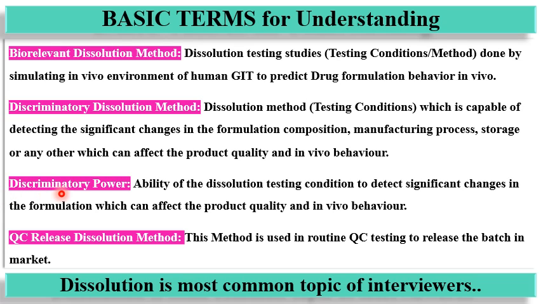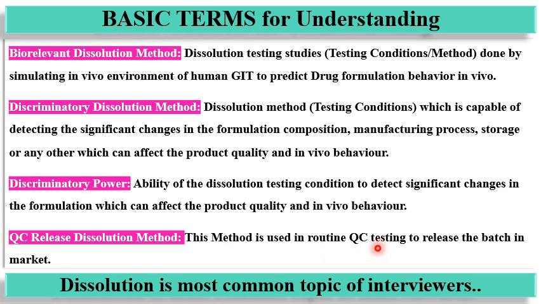Then discriminatory power is the ability of the dissolution testing condition to detect significant changes in the formulation which can affect the product quality and in vivo behavior. So these two conditions should be there in the dissolution method so that it can detect the significant changes.